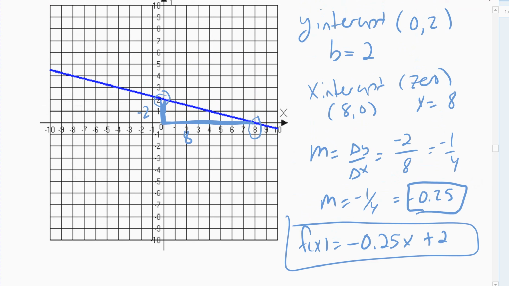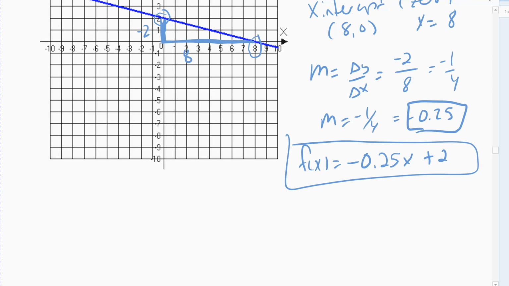So the last thing is just to describe what slope is telling me. There are two ways you could do it. You could use the original 1/4, but a lot of times we want to describe it in terms of 1 x unit. So I'm going to use the 1 x unit. And so the slope that I'm going to use to describe is negative 0.25.